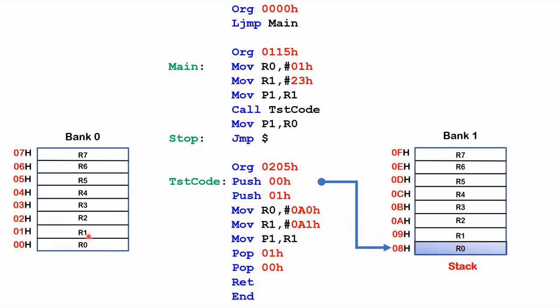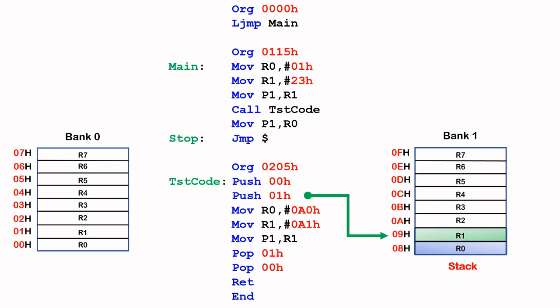That means make a copy of that, and then copy it onto the first available stack location. Then we push 01, which is R1, onto the next available stack location. Again, it makes a copy of the value stored in R1 and copies it into the stack.